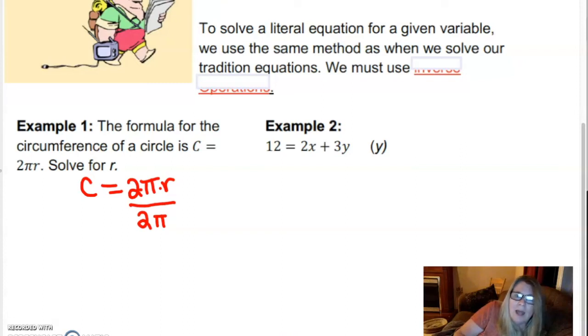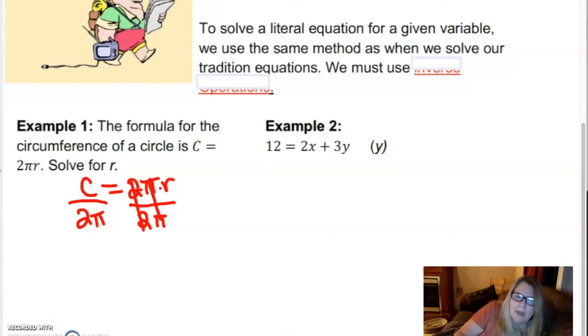Over here, I did it to the right-hand side. Whatever I do to one side, I have to do to the other side to keep it balanced. So I divided by a 2 and a pi. So this side I will also divide by a 2 and a pi. 2 divided by 2 is 1.